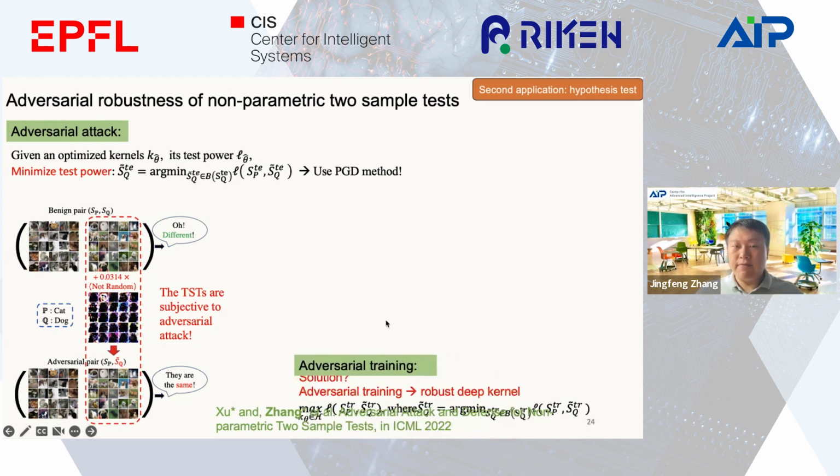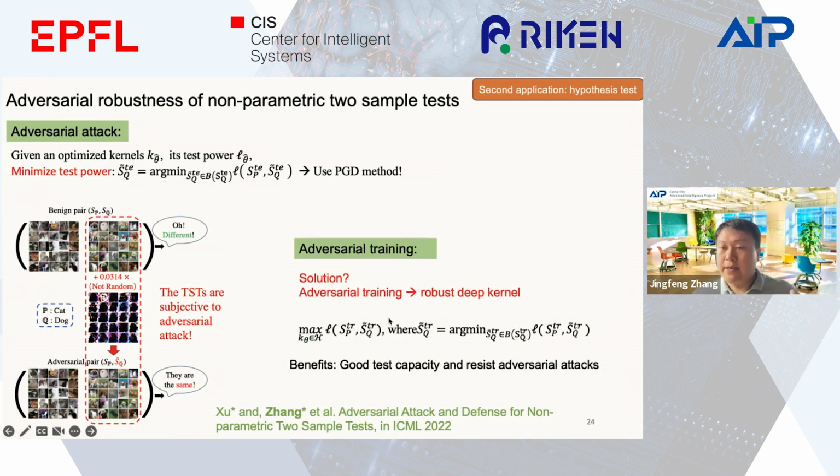To robustify the non-parametric two-sample test, we propose to adversarially learn the robust kernels. In particular, this defense is formulated as max-min optimization which has a similar taste of adversarial training's minimax formulation.